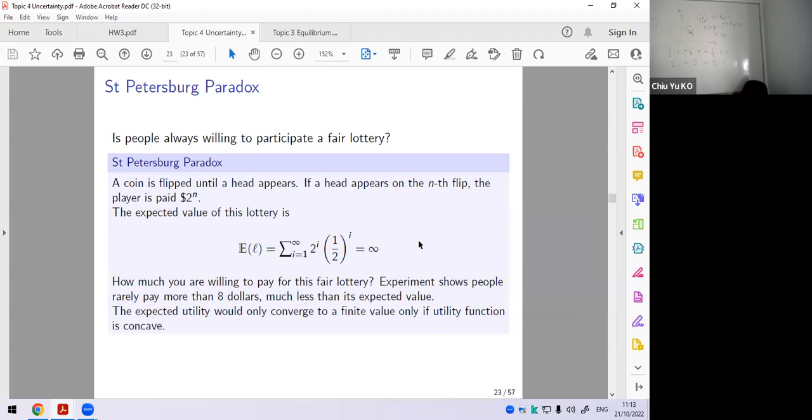I don't know how much you want to pay, but I think in general, people pay no more than $8. Why? Because after $8 it's 16, which is already only 1/16 probability. Then the onward probability is very small.